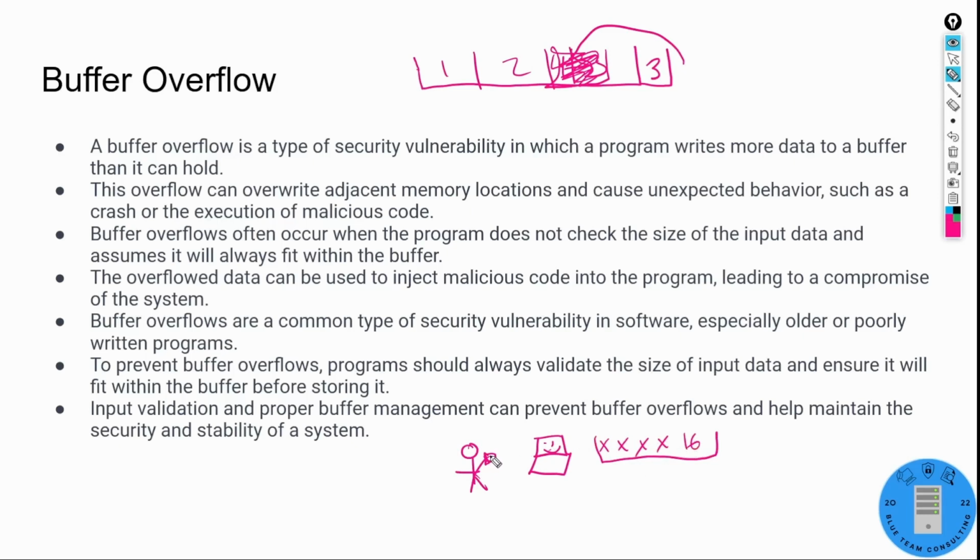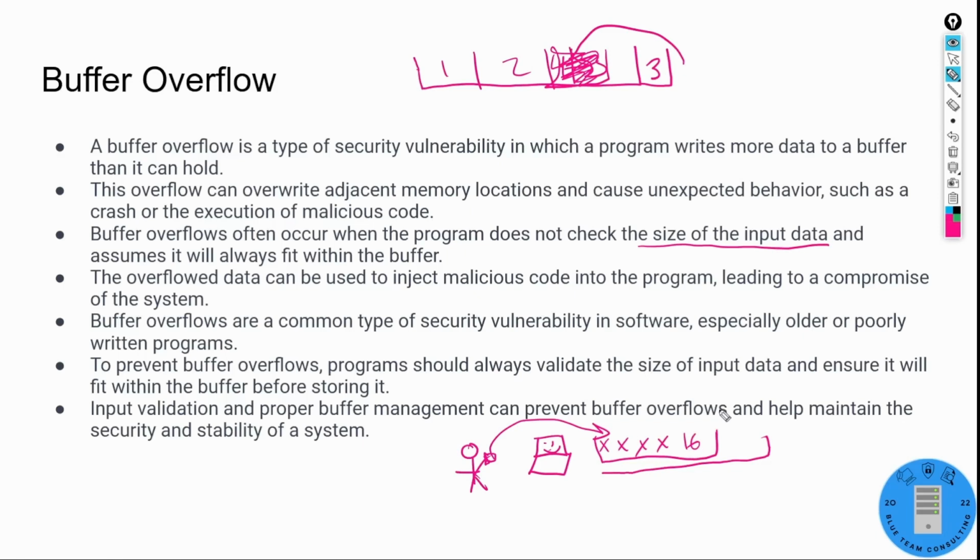Well, the kid just decided to button smash and go over 16 characters and cause it to just log in because it didn't verify the size of the input data, and it just overrid it, and the kid was able to log in through button smashing. And that's an example of a very simple buffer overflow where kid didn't even know he was doing it, but he just button smashed until the input validation wasn't being verified, and he was able to overwrite the buffer size and then log into the program.